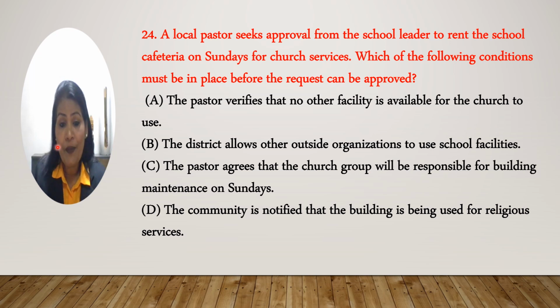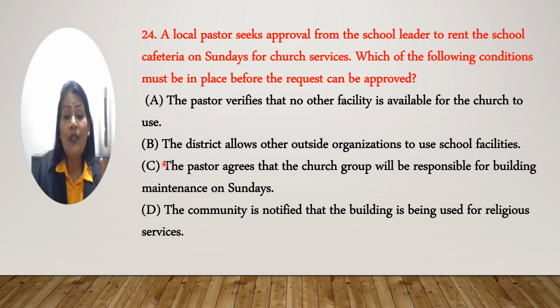B, the district allows other outside organizations to use the school facilities. C, the pastor agrees that the church group will be responsible for building maintenance on Sundays. D, the community is notified the building is being used for religious services. Sorry. The correct answer is option B.